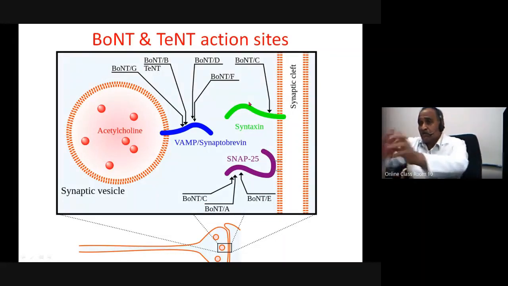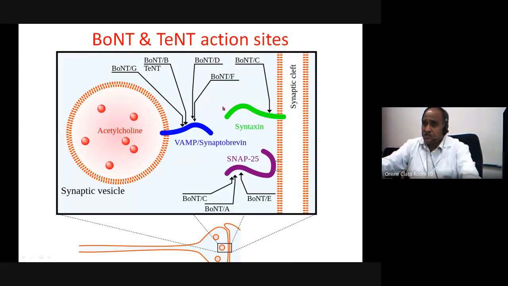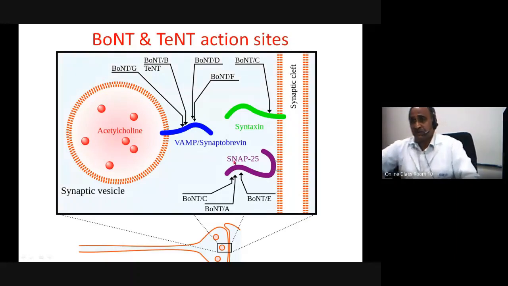SNAP25 is the one which tries to fold or clip these two proteins together. So you can see that the botulinum toxin is acting at multiple sites: one at the synaptobrevin, one isoform at the syntaxin level, and some isoforms at the SNAP25 level.